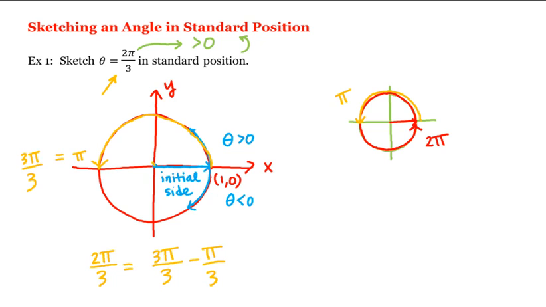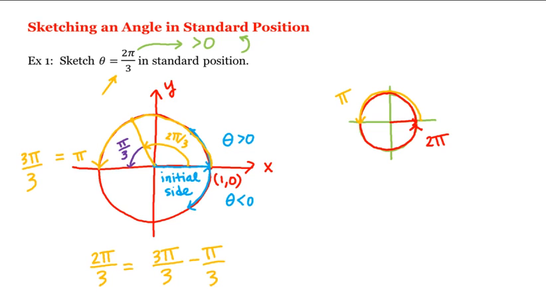So therefore, our angle is here. 2 pi divided by 3. And this here is pi thirds. Not in standard position, of course, but the measure of that angle is pi thirds.